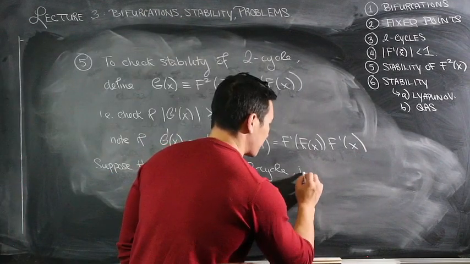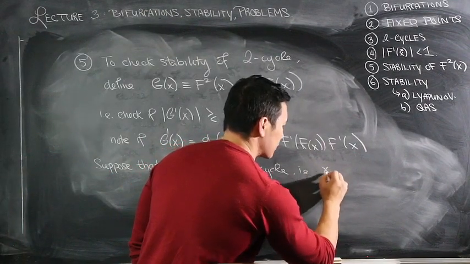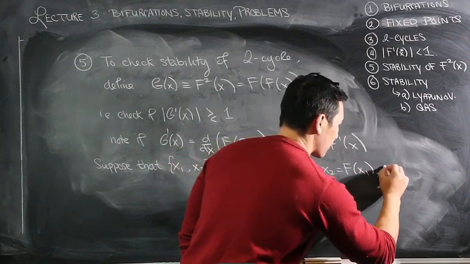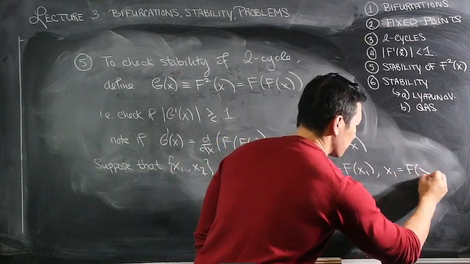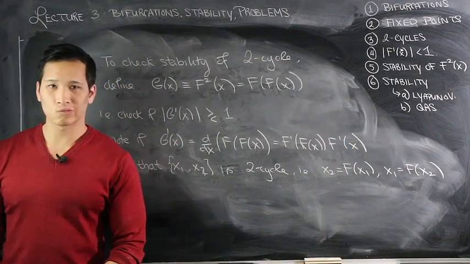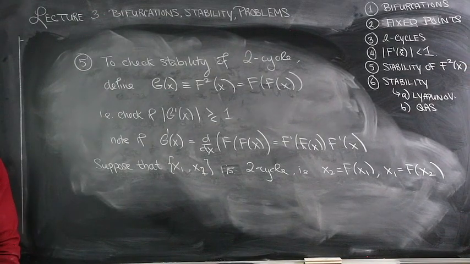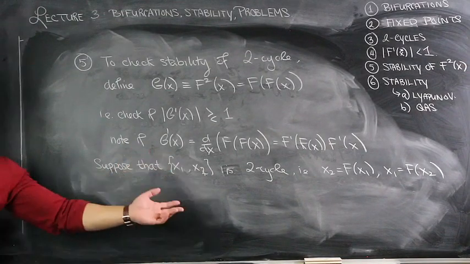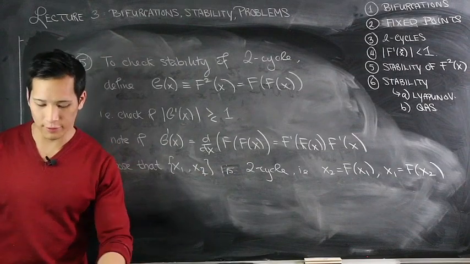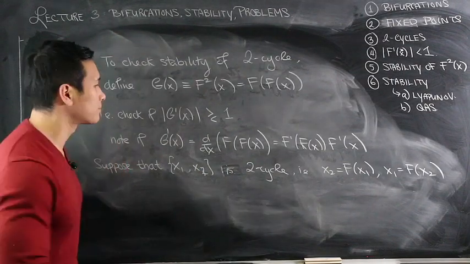And by definition, this means that x2 is equal to f of x1, and x1 is equal to f of x2. This I'm going to do quite quickly, by the way, because actually this is exactly one of the homework problems. So I'm giving you a bit of a hand for one of the homework problems.